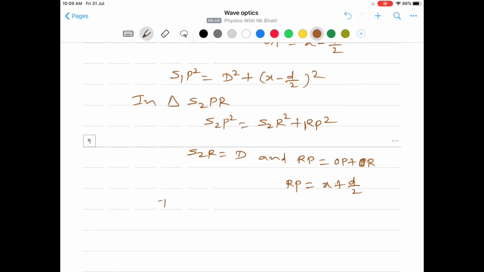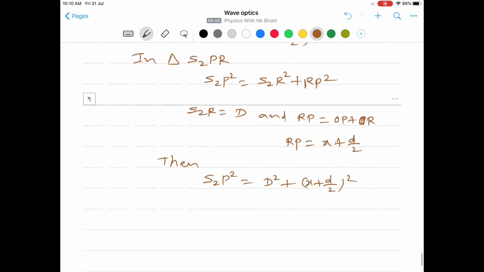Then S2P square is equal to D square plus (x plus d by 2) the whole square.